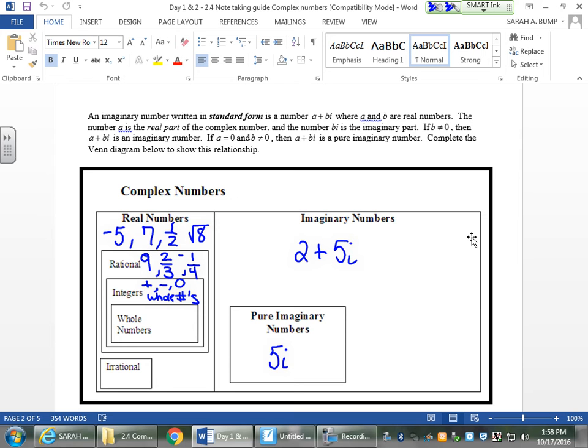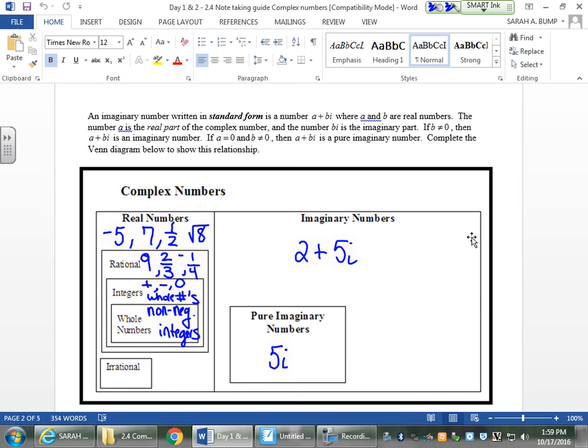Whole numbers include 0 and above integers. So you're basically saying non-negative integers. So 0, 1, 2, 3, 4, etc. Still no fractions or decimals because they are integers.